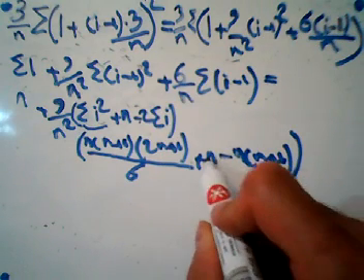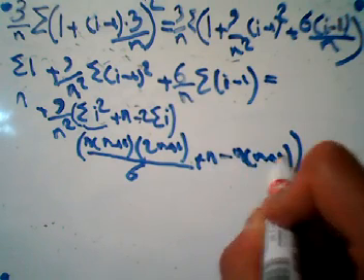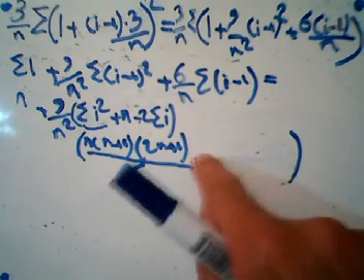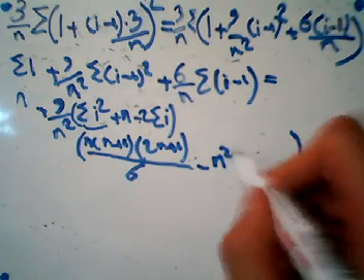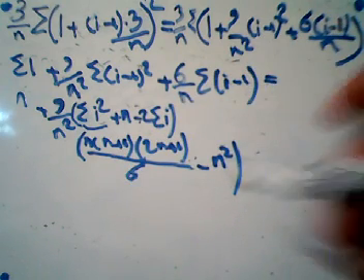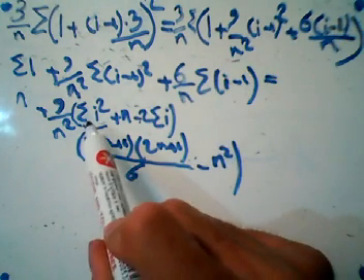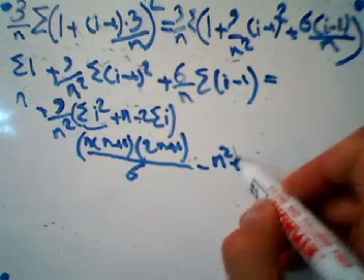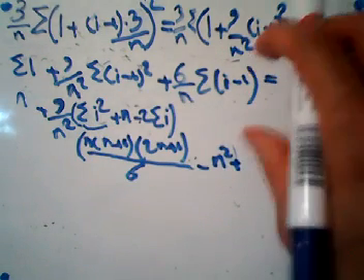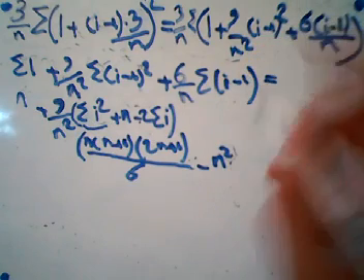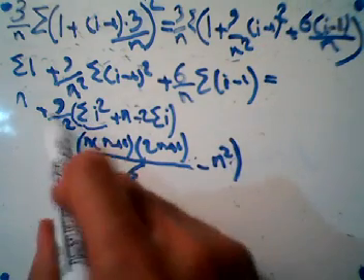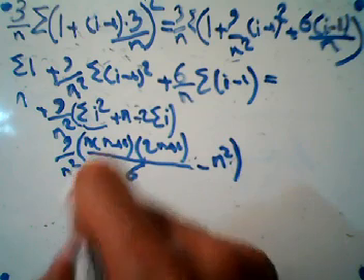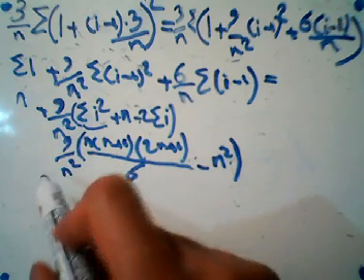You know, this n goes by this n, so we got minus n squared here, and we got plus n here. Multiplied by this 9 over n squared.